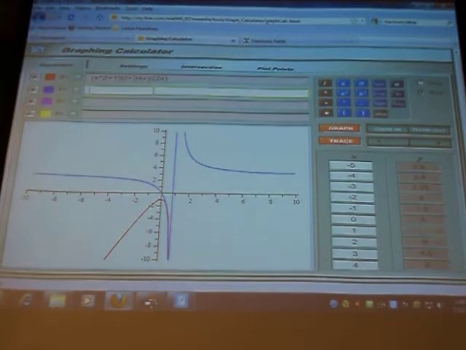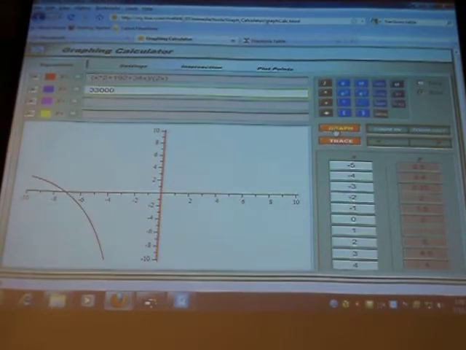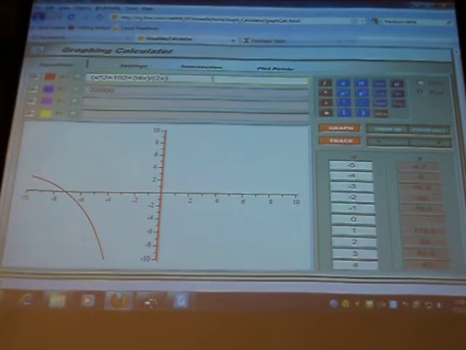Okay? And then if I want that equal to 33,000, I'm going to put 33,000 in my y2. Now, obviously, I'm not going to see 33,000. I need to adjust my window range so that I can see that.